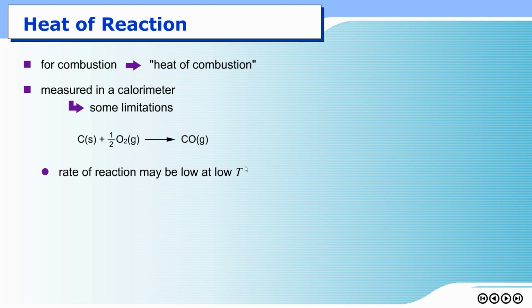So sometimes measurement should be done at a higher temperature than what we want. Let's say we want 25 degrees Celsius, but in the actual measurement you need to heat it up to a higher temperature.